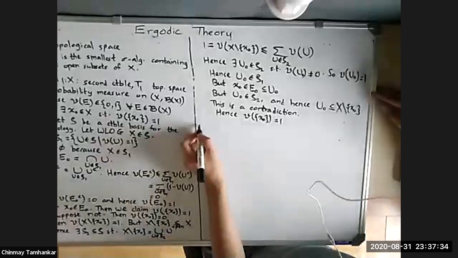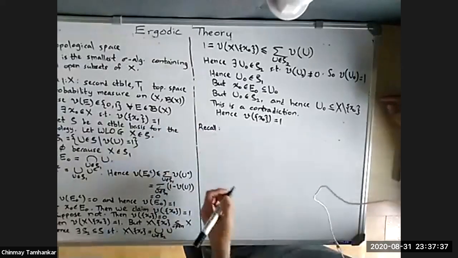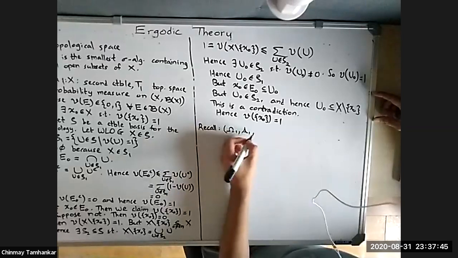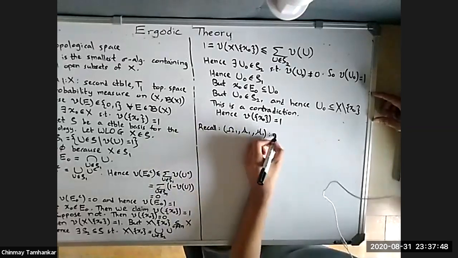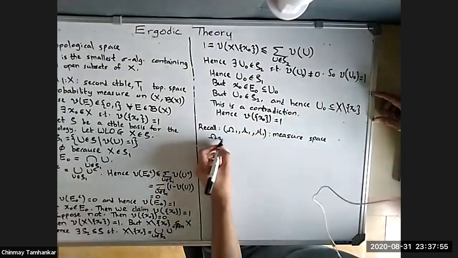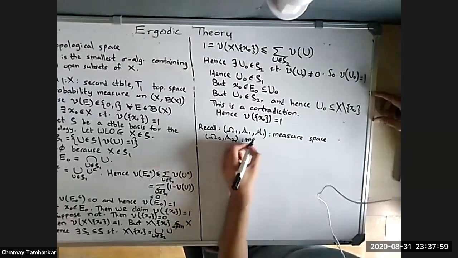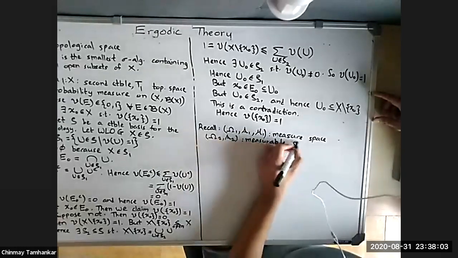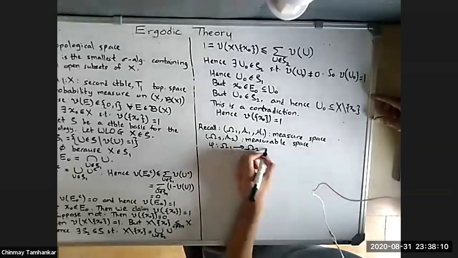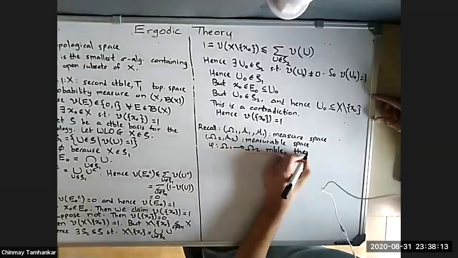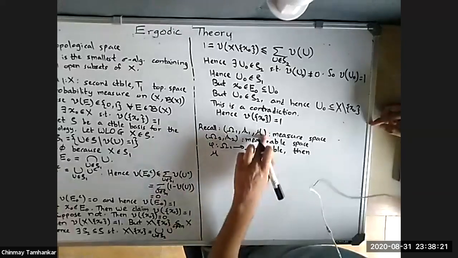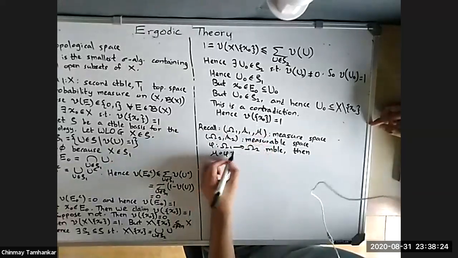So now recall what we did in the previous lecture, that if we have omega 1, A1, mu 1 a measure space, and omega 2, A2 a measurable space, and if we have phi from omega 1 to omega 2 measurable, then mu composed phi inverse is a measure.